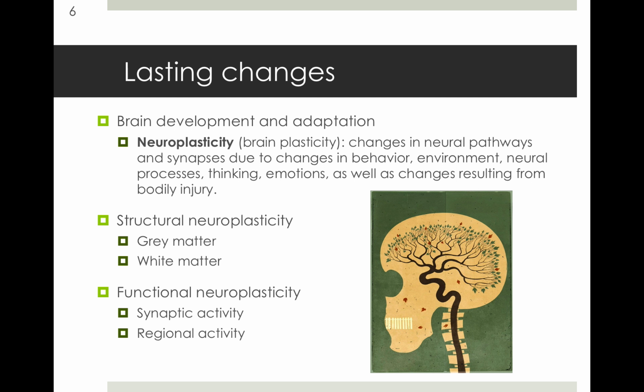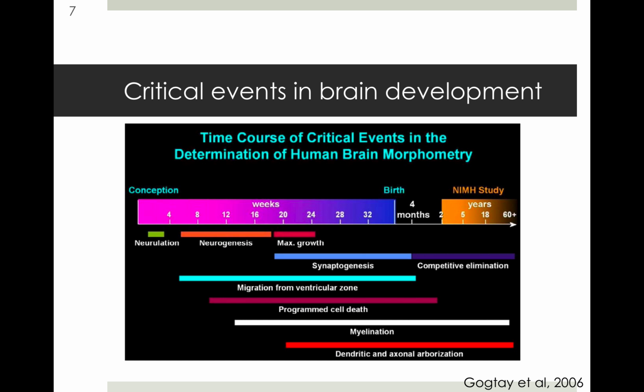So that's a really good example of synaptic plasticity, where different neurons become more or less connected due to the synapses that connect them. And when we're thinking about brain changes, there's a number of critical events that happen throughout brain development that really change the morphology, or the structure of the brain.